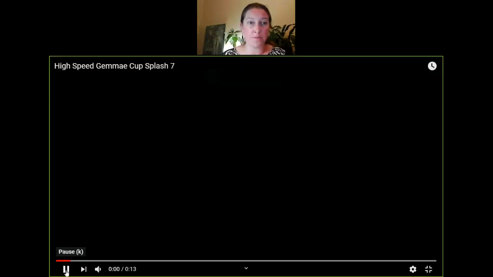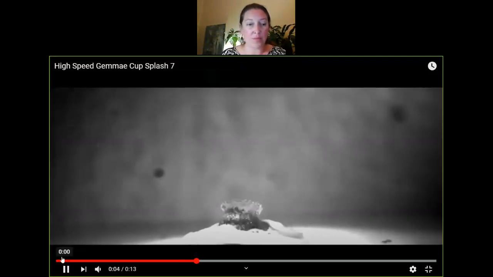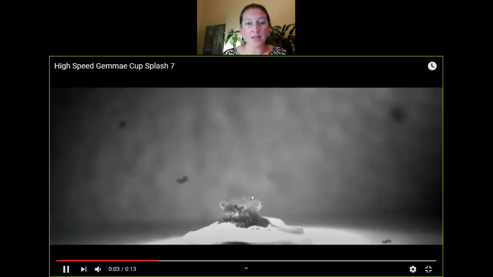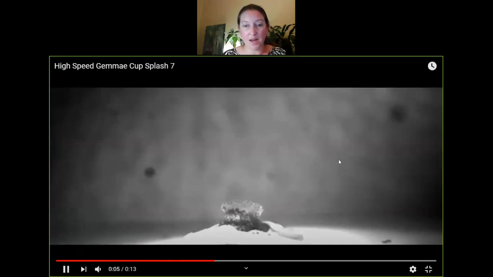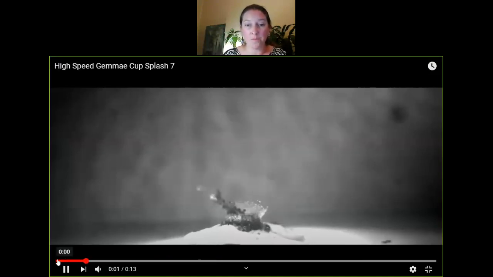Look, this is a gemma cup with a raindrop that dropped down into it. Boom. It knocks out the gemmae inside, and each of those gemmae will then go on to be a new liverwort plant that's genetically identical, a clone of the parent that it came from.